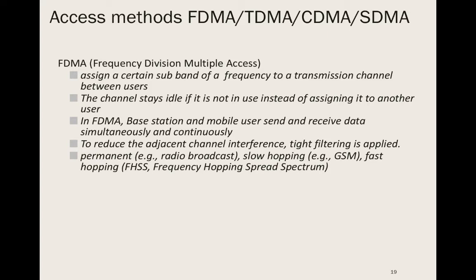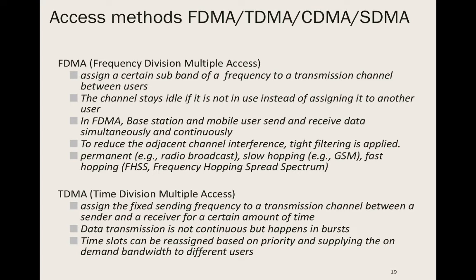FDMA, or frequency division multiple access, basically assigns a subband of frequency to each user for transmission of data. The channel stays idle if there is no transmission, but it's not going to be assigned to another user. In FDMA, the base station and mobile users can send and receive data simultaneously and continuously, and to reduce adjacent channel interference, tight filtering is required.